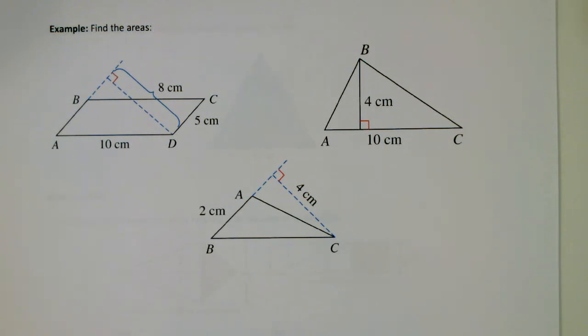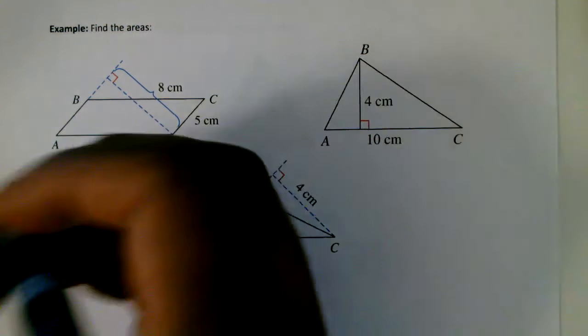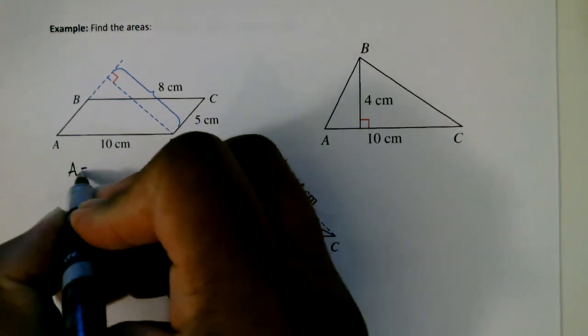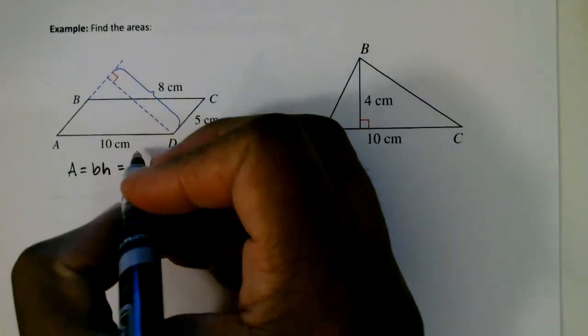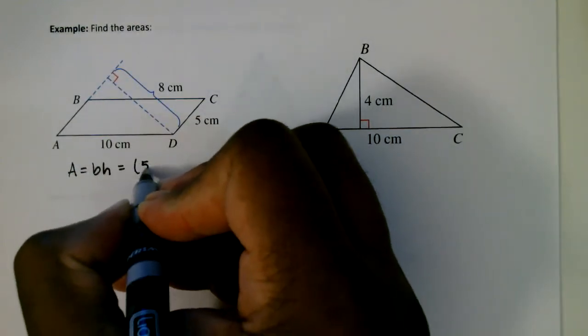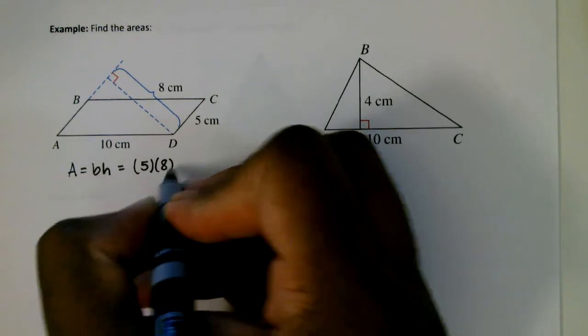So when we find that area, we're just going to do A is equal to the base times the height. So here the base is going to be 5. The height is 8.